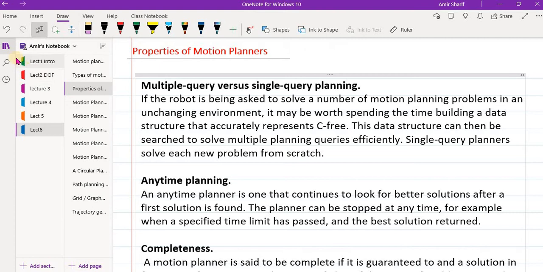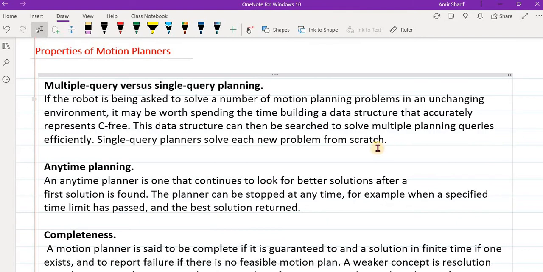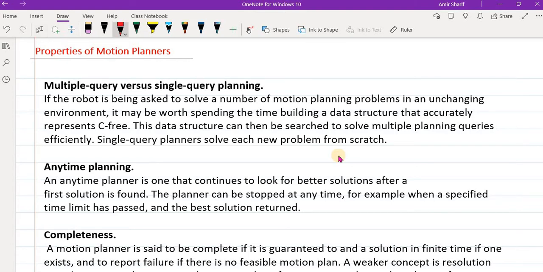Let's move now to properties of motion planners. The first property of motion planners is whether they are multiple query or single query planning problems.